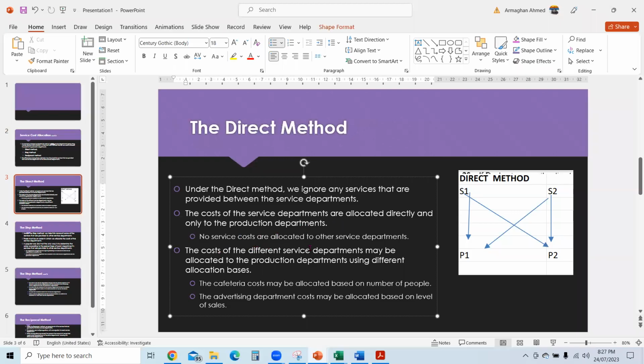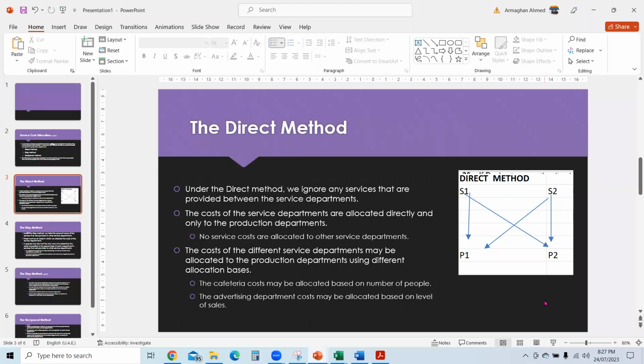No service costs are allocated to other service departments. This is the main thing. The cost of different service departments may be allocated to the production departments using different allocation bases, and the allocation basis depends on how the service department provides the service to the production department.